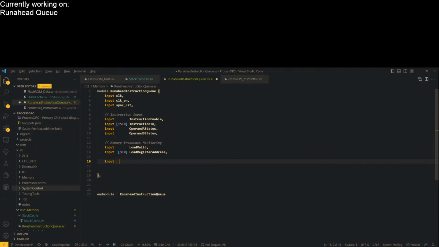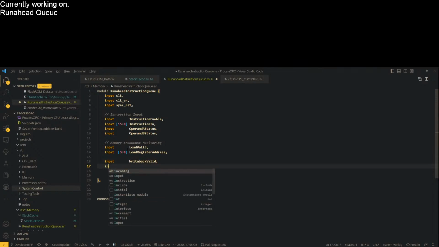We also need to input. What would be a good name for the other write port? We have a memory write port, which is memory main load because it only gets used when you load. The other is just general. So I'm just going to put write back. Write back register address.